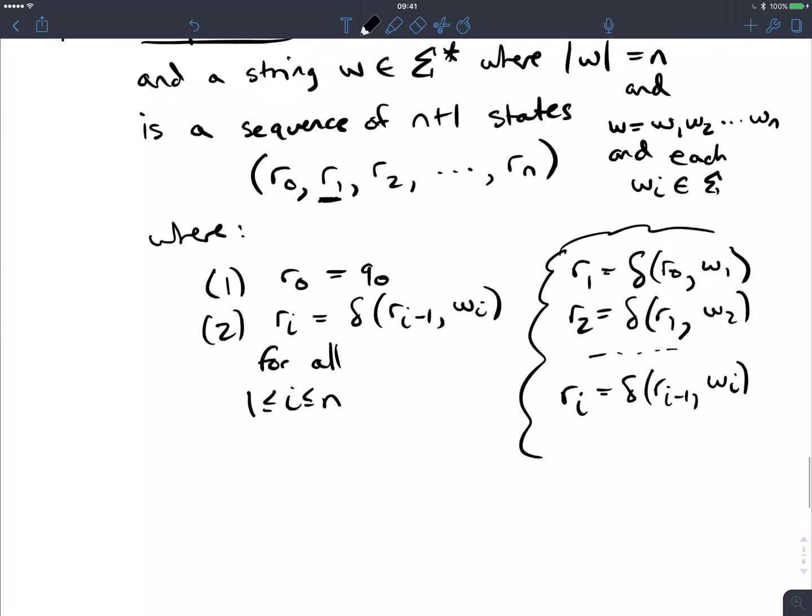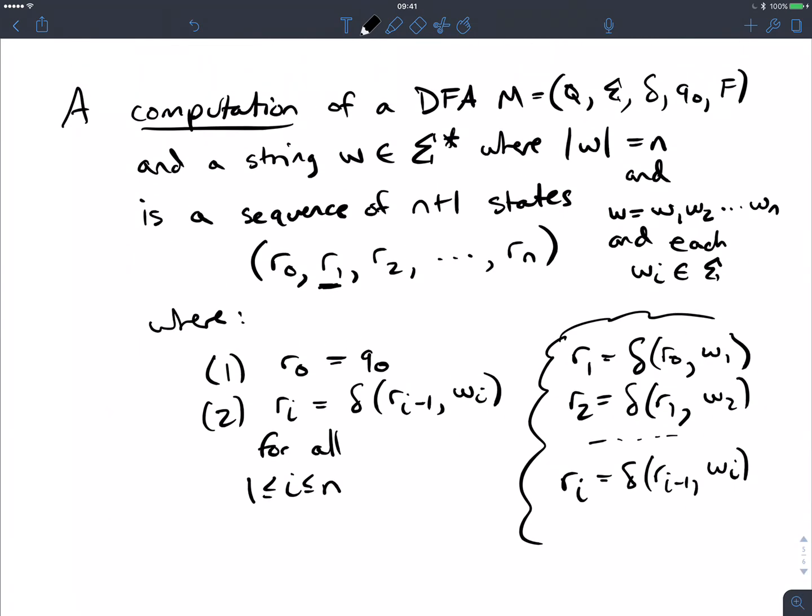Okay? So let's recap. I have an arbitrary DFA and some arbitrary string of characters from its alphabet. It's a sequence of states that we see. That's informally what we want to have.